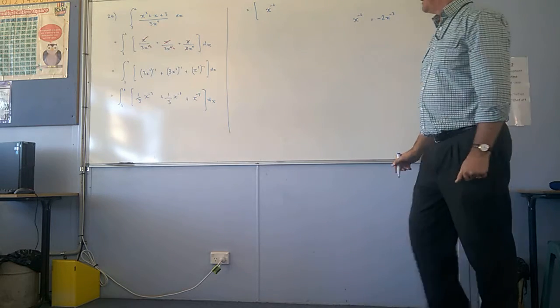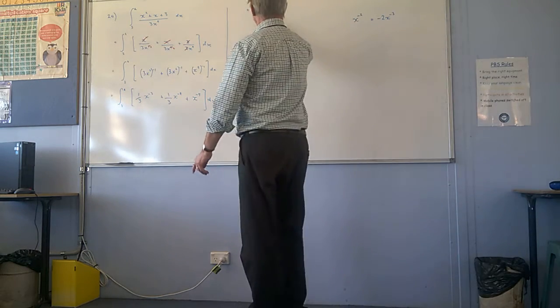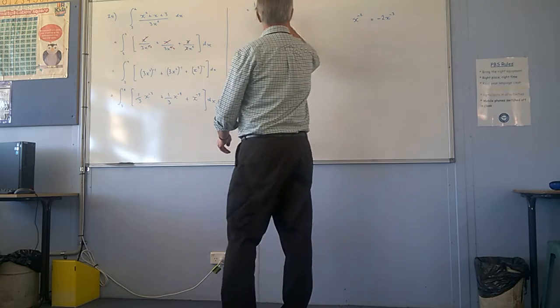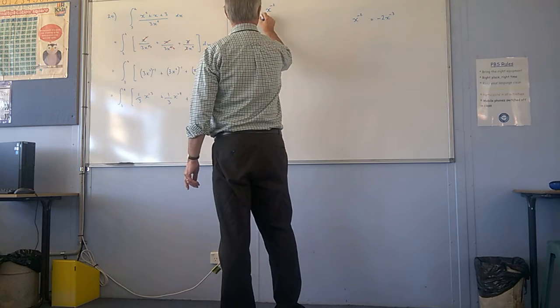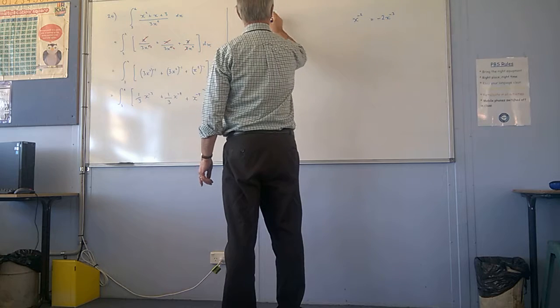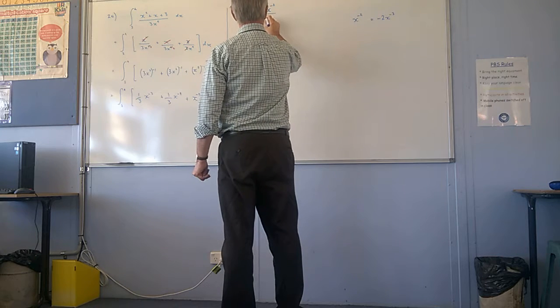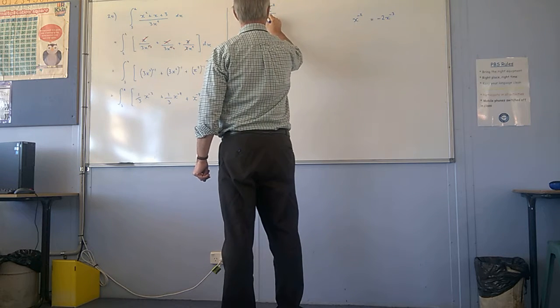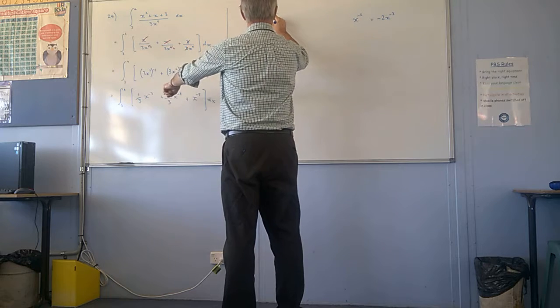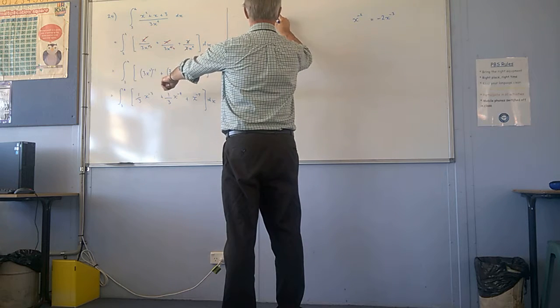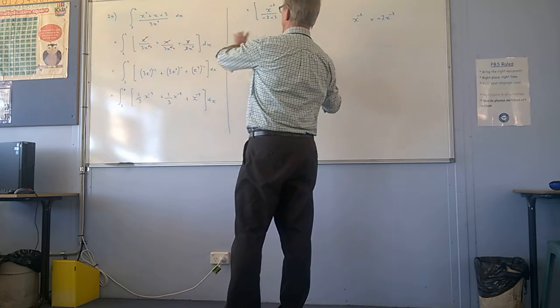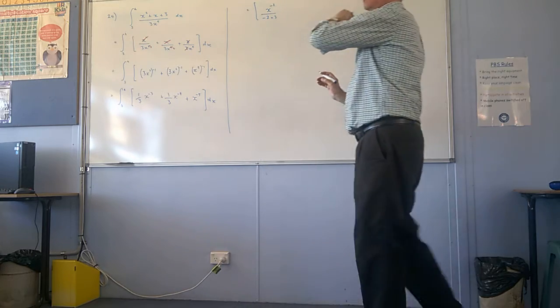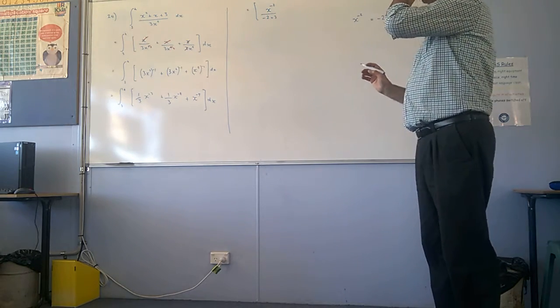See what I'm doing? But I want that to be over a 3. So I want to divide by minus 2, but I also want it to be divided by 3. Does that make sense? So it's going to be over minus 6. Why minus 2?